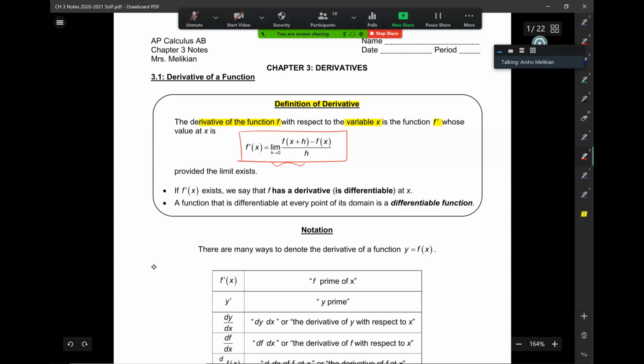Now, the right-hand side of this formula, you've seen it before, right? What we used to call that was the slope of the tangent line at a given point, remember?